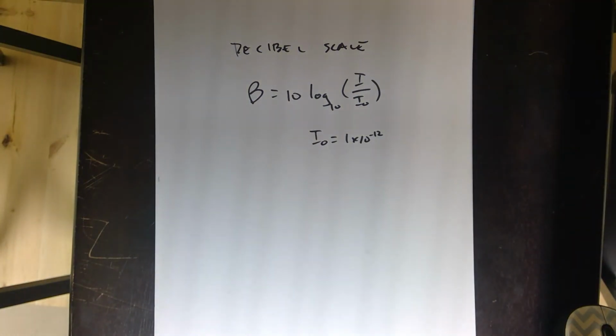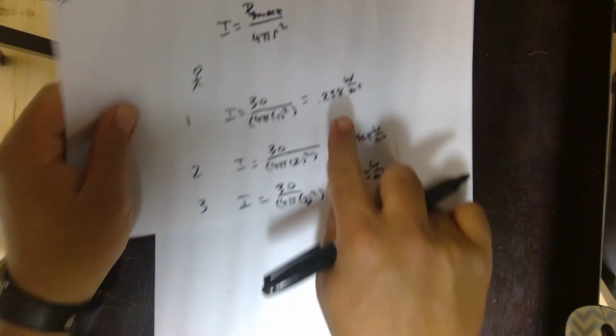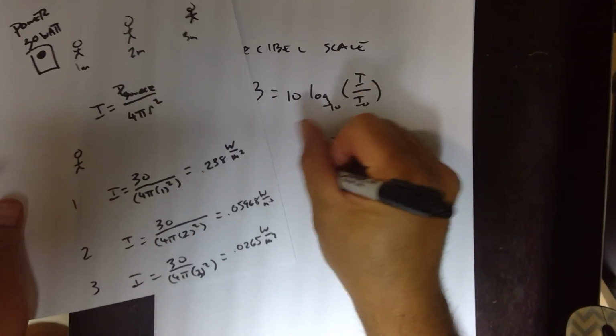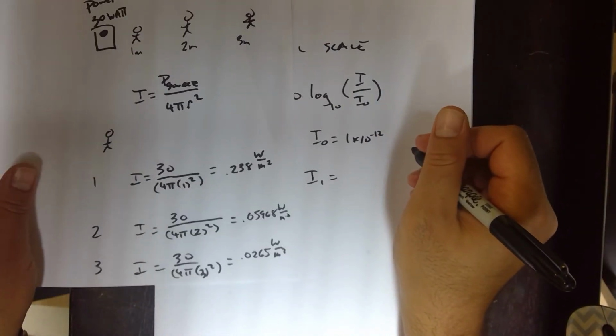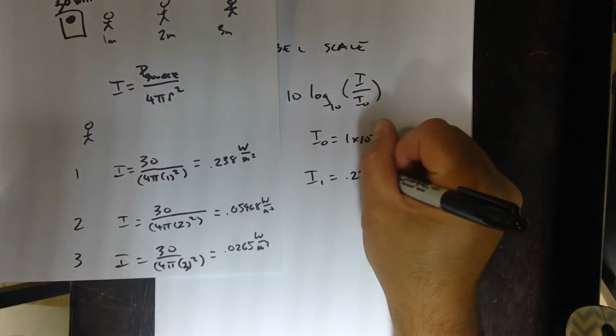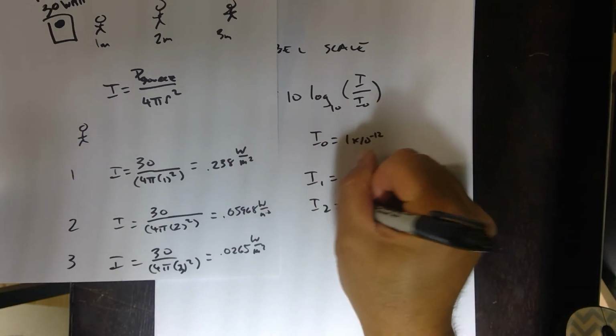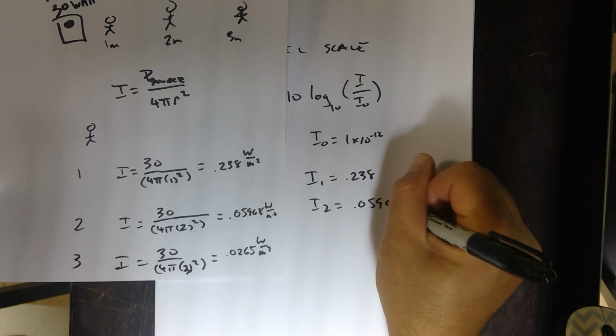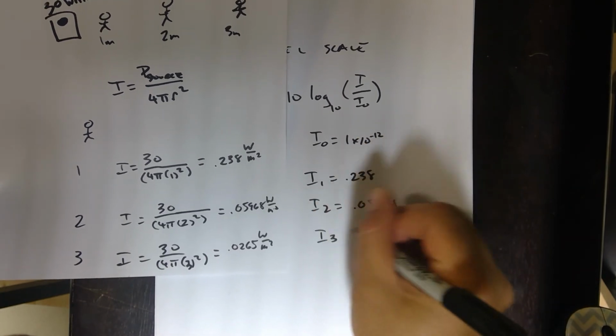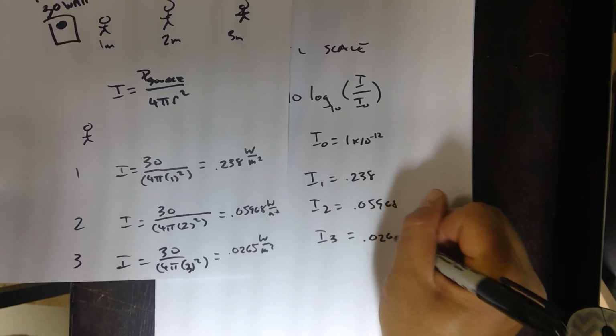So if we go back to those numbers that we had for intensity, we had 3 intensities here. This person at 1 meter away is 0.238. At 2 meters away, 0.05968. At 3 meters away, 0.0265.